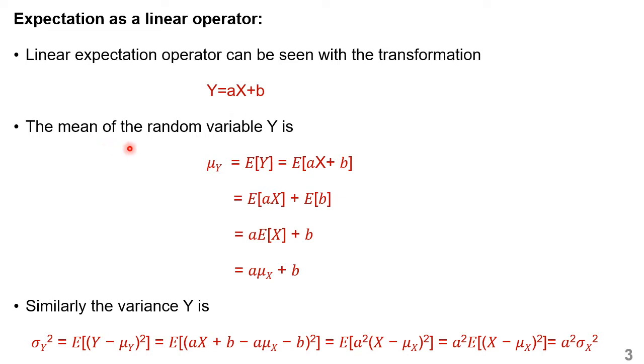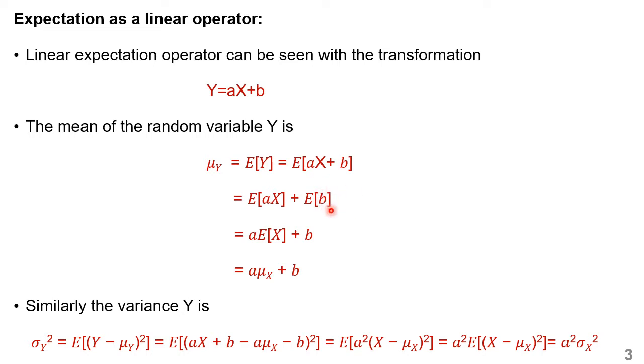The mean of the random variable y, we have already defined in the previous video, mu y is equal to expectation of y. We replace y with ax plus b, so we get expectation of ax plus b. Since it is linear in nature, we will separate this out. So expectation of ax plus expectation of b.